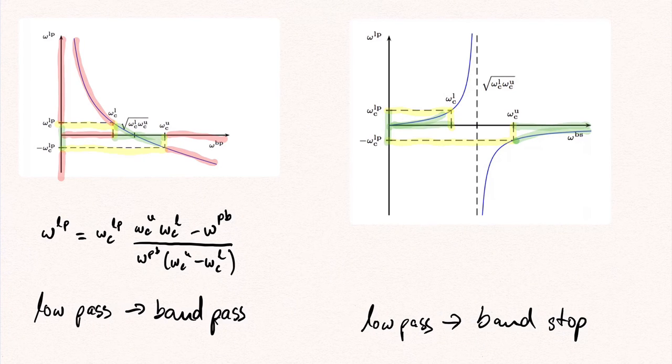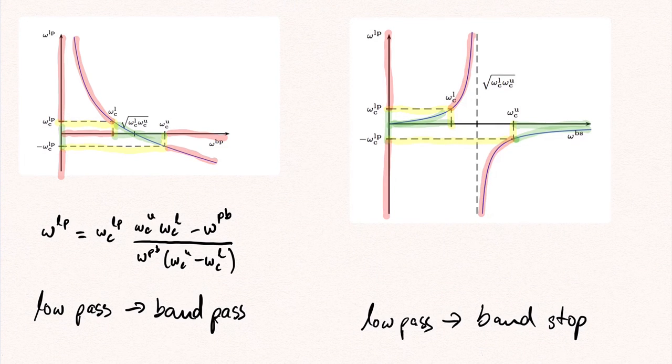And the frequency range in the stop band of the low-pass filter, this is all frequencies above the cutoff frequency of the low-pass filter or below minus the cutoff frequency of the low-pass filter, is transformed into the stop band of the notch filter. That includes the frequencies between the lower and the upper cutoff frequency.